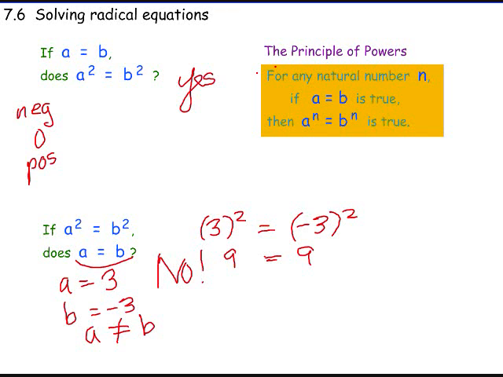For any natural number n, if A equals B, then A raised to the same power as B is raised to will always be true. That's going to turn out to be very handy for us when we start trying to solve equations.